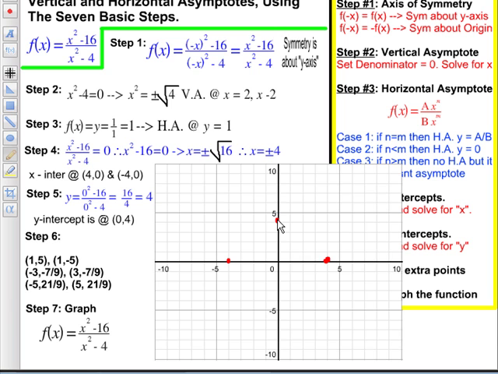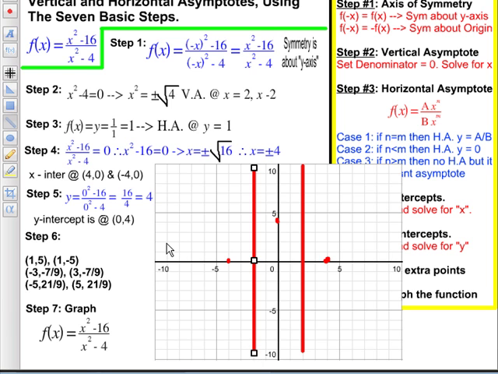Now that we've plotted all our x and y-intercept points, I'm going to start drawing the asymptotes. The vertical asymptotes are at x = 2 and x = -2.